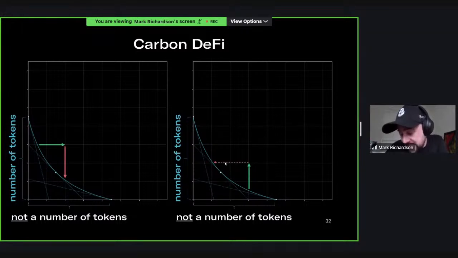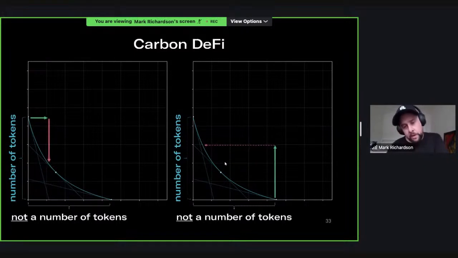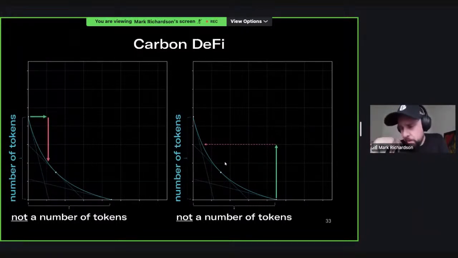Once you realize that there doesn't need to be a correspondence, you realize there's a lot more flexibility in how these pricing algorithms work. That actually unlocks a lot more user agency than people in DeFi have been offered in recent years. Now, because of that lack of correspondence, these things can look really weird, right?